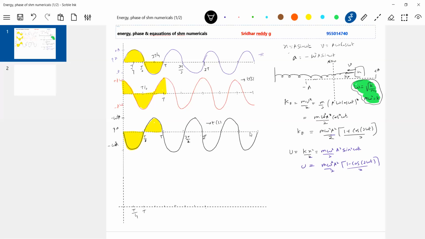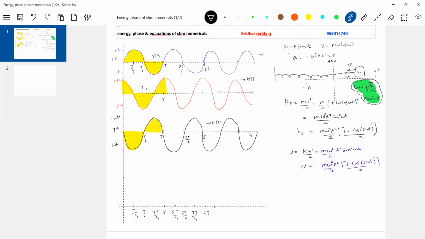This will be T by 4, T by 2, 3T by 4, T, 5T by 4, 3T by 2, 7T by 4, 8T by 4 will become 2T. So like this, we can continue.